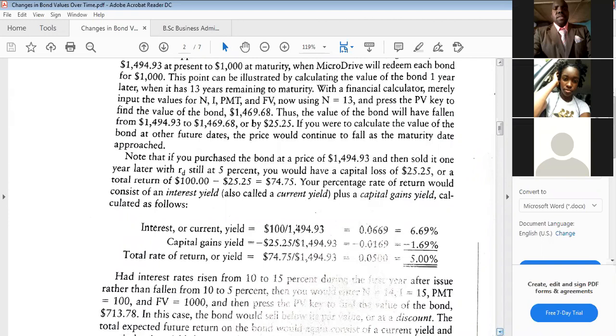So for the capital gains yield, it would be the capital loss over the price of the bond. That will give you negative 1.69%. The total rate of return or yield would be what? Automatically 5%.